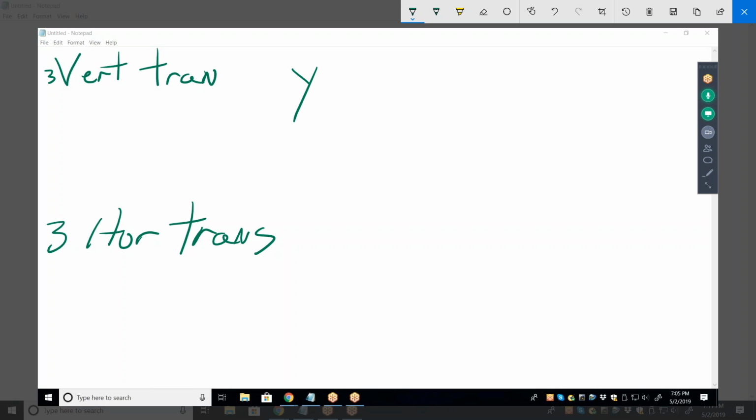Let's take the function that you just had. That is the elementary function. Now, there are 3 vertical transformations of that. One would be this. That is a vertical stretch.